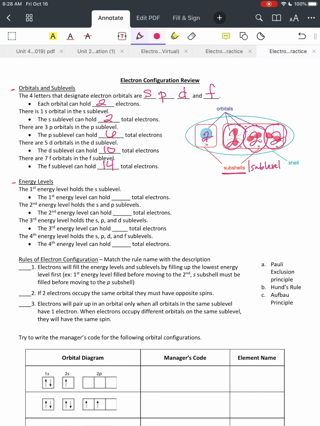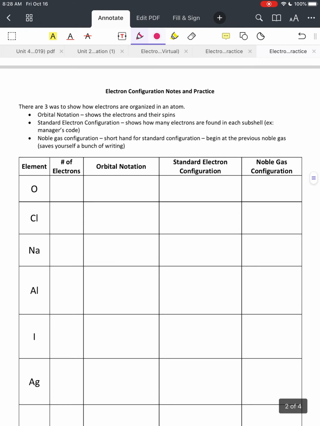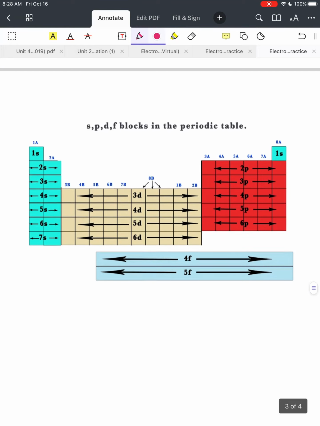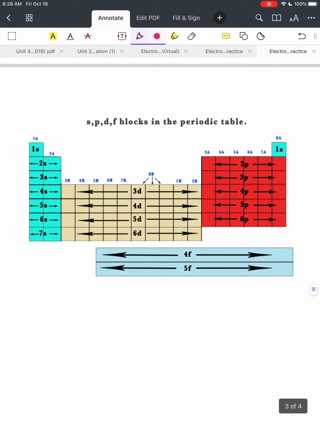For this next part, if you scroll down and look at this picture that I've included, this is how the periodic table is basically organized, just naturally the way that it's set up.